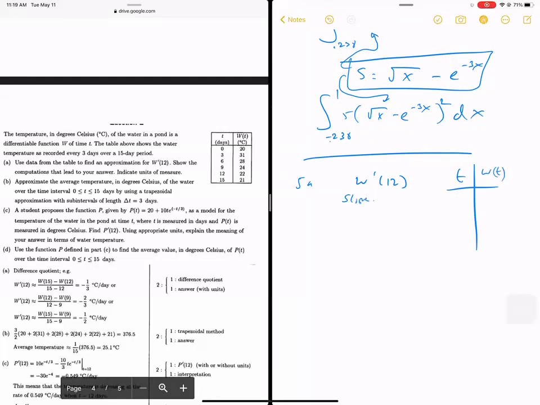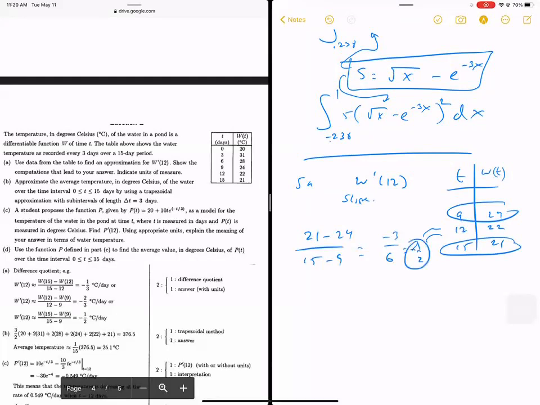And they use the word approximate. They don't want you to actually know what that is. So we're going to use the values right next to 12. Here is 9, 15, 24, 22, and 21. And we're going to use these values to approximate the slope at 12. So 21 minus 24 over 15 minus 9, that gives us negative 3 over 6, which is negative 1/2.